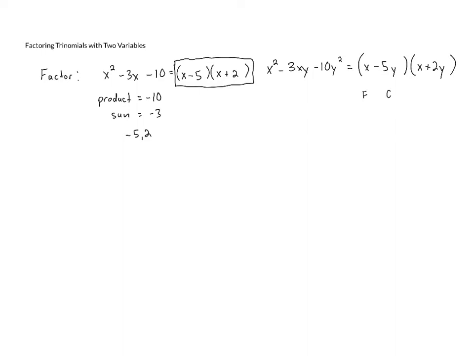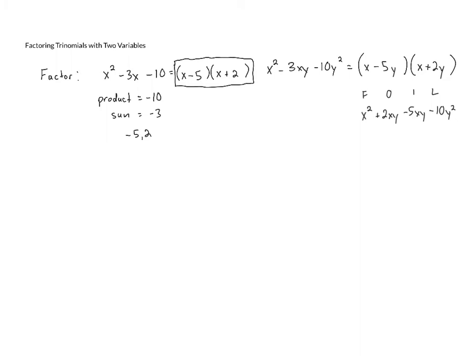Let's FOIL it out to check. Again, when we multiply the first terms, we get x squared. That's good. The outer terms, x times 2y, gives us 2xy. The inner terms, negative 5y times x, gives us negative 5xy. And the last terms, negative 5y times 2y, is going to be negative 10y squared.